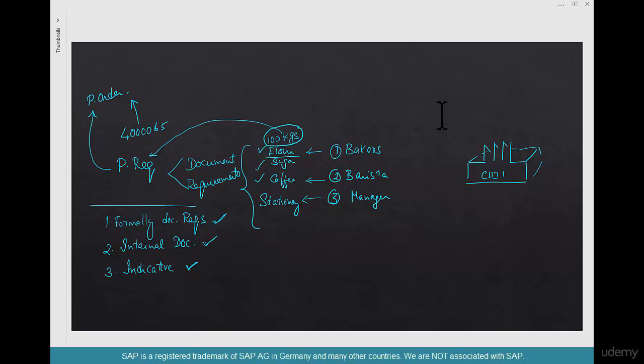Now, if somebody else tries to accidentally convert this into another purchase order, then we are duplicating the requirement, isn't it? The baker has asked for 100 kilos of flour, but we are trying to procure it twice. So SAP cleverly consumes that quantity and deems it as complete, meaning that purchase requisition is no longer relevant.